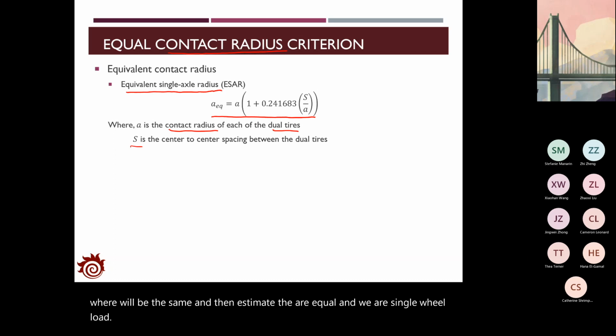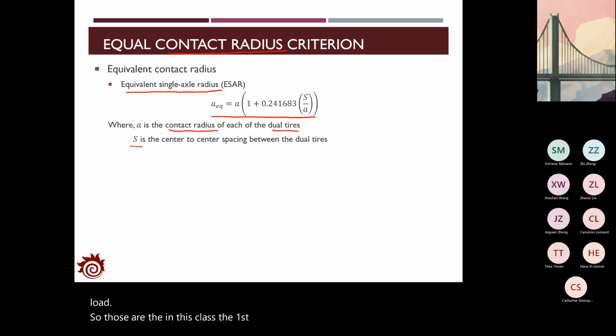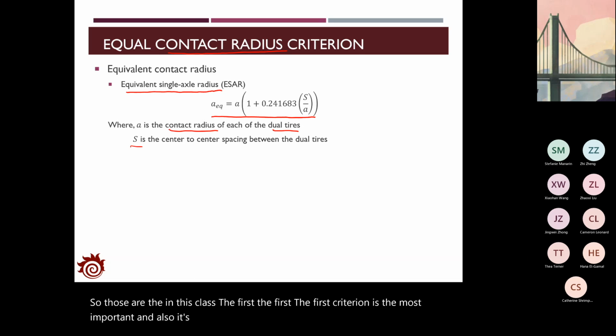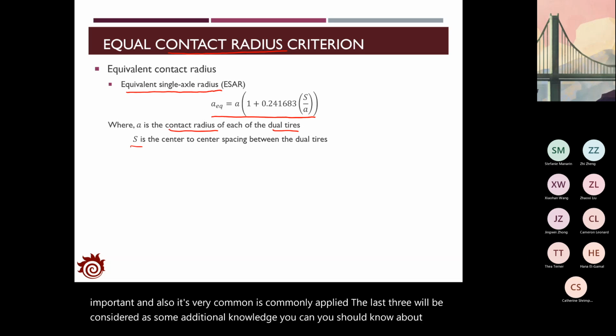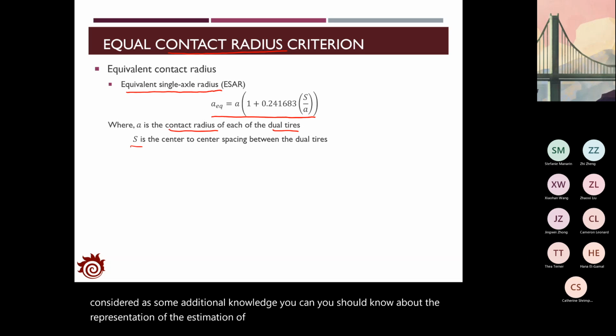So in this class, the first criterion is the most important, and also it's very common. It's commonly applied. The last three will be considered as some additional knowledge you should know about the estimation of the wheel load.